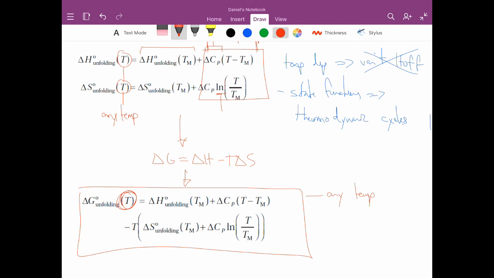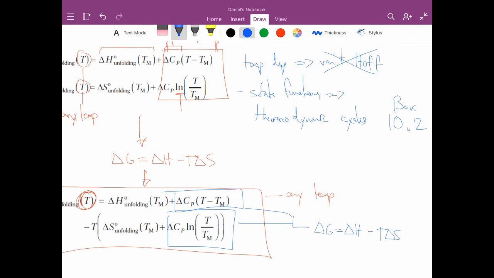And you can note here that if we were to take out these terms here, which are the temperature adjustment terms that I showed you before, you would just get the normal delta G equals delta H minus T delta S. So if there is no change in the heat capacity between the folded and unfolded states of the protein, then the delta H and delta S are temperature independent, and you'd be able to use this equation and be able to use the Van Hoff analysis like normal. But that is not the case.